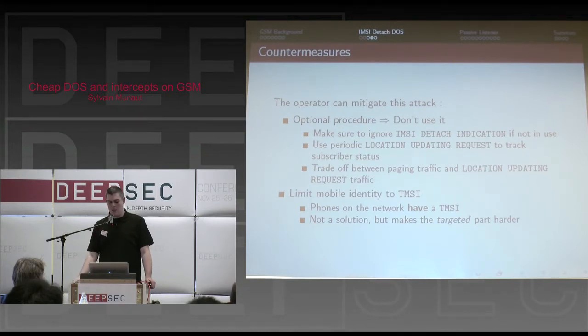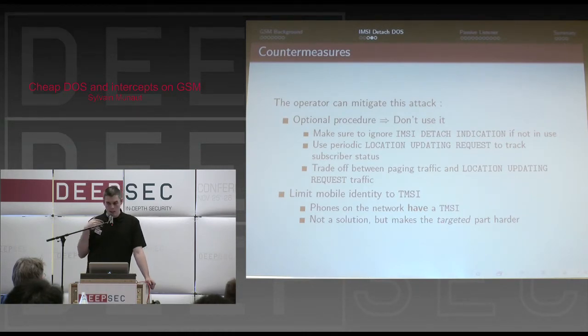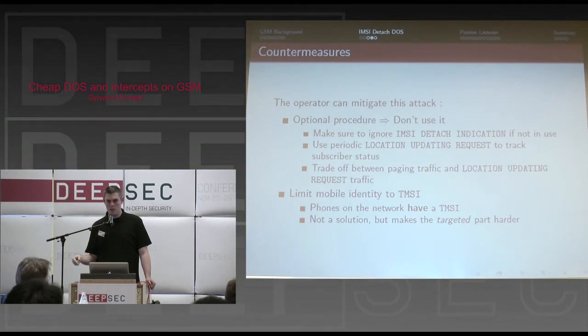Something else you can do is just refuse incoming IMSI Detach where the identity is specified by IMSI. In the IMSI Detach indication message, you can either detach a specific IMSI or a specific TIMSI, so either with the global identity of the subscriber or its temporary identity.